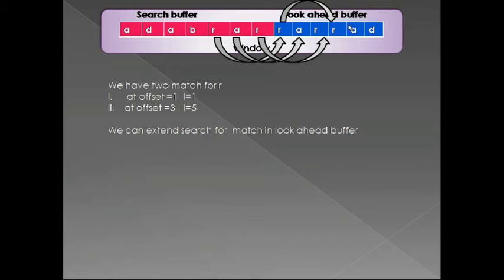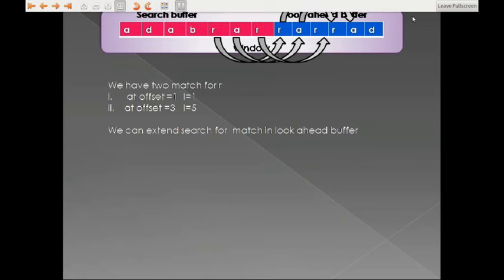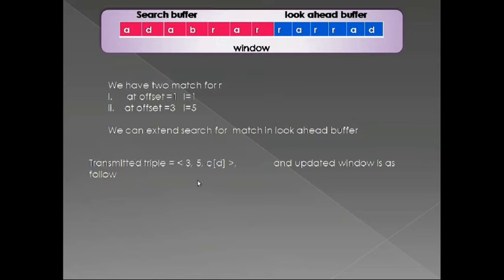Again this A matches with this A, which is again a valid step. Then this is not matched with the D, therefore we have to stop here. So at offset 3, a total of 5 alphabets are matched, and my output triple is 3, 5, and the alphabet which follows the match is D, therefore the code word of D.